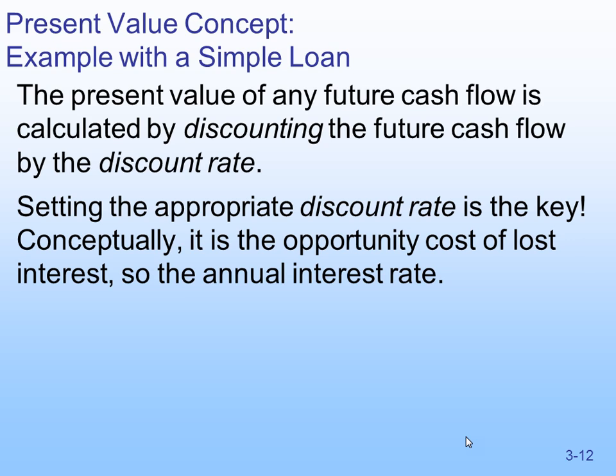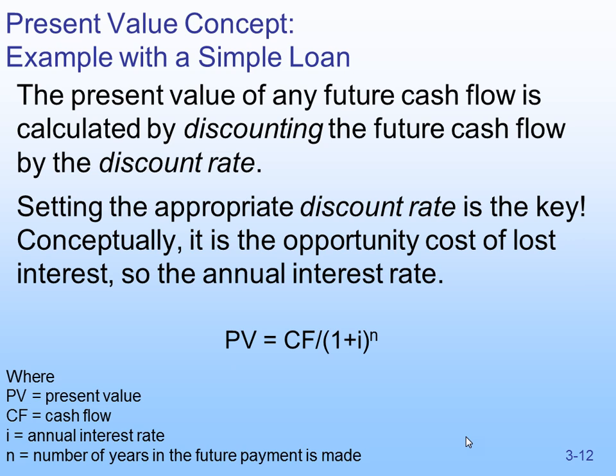Now, of course, in real life, there's not the annual interest rate, but there are a bunch of interest rates that move together. To decide on the discount rate, you think, well, what interest rate could I have gotten? So we'll talk about the interest rate and pretend there's only one. What's the equation for present value? If we wrote it in algebra or symbols, this is what it looks like. PV is present value.